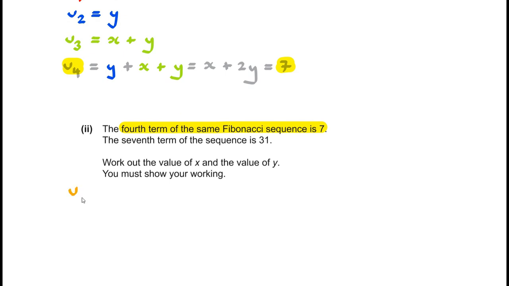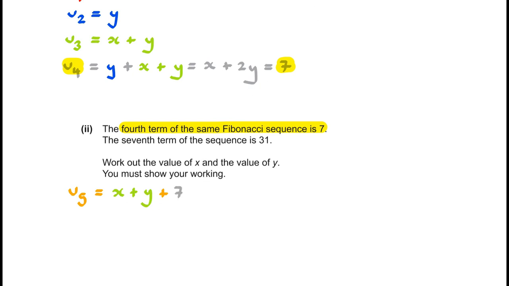So u5 is equal to the third term, x plus y, plus the fourth term, 7.